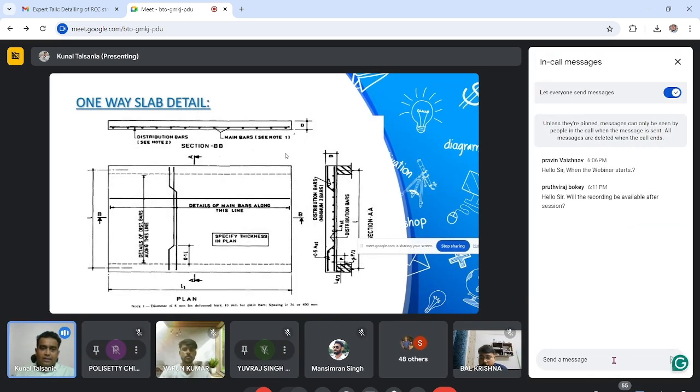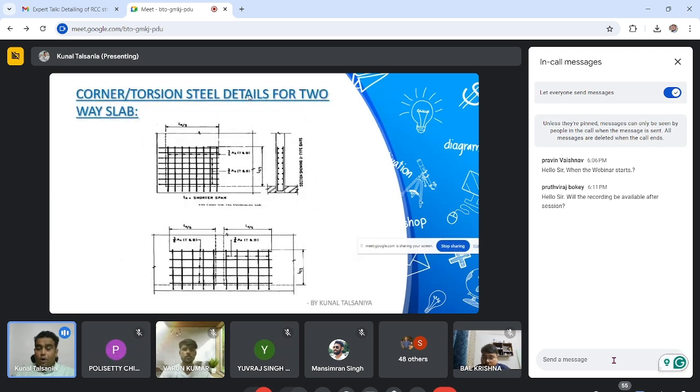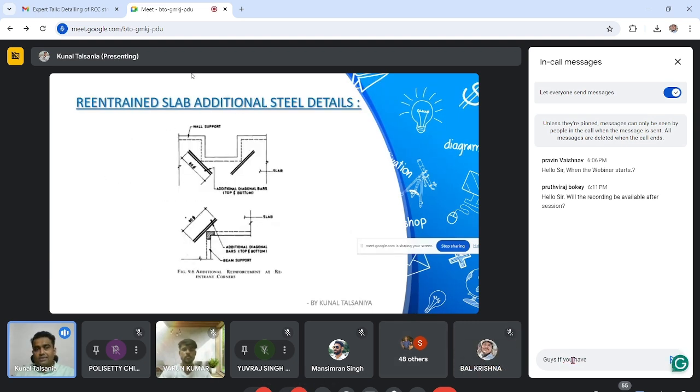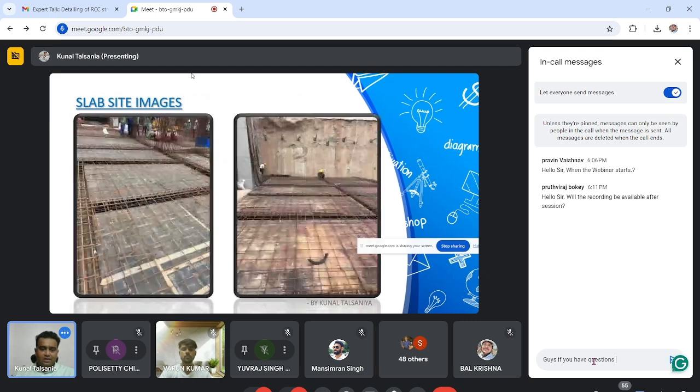This is the one-way slab detail, this is the two-way slab detail, and this is the torsion steel, a very important detail. You have to provide this detail at all corners where two edges are discontinuous. Then we have seen the cantilever slab details, the re-entrant slab additional steel detail, and lastly the additional steel detail near cutouts.